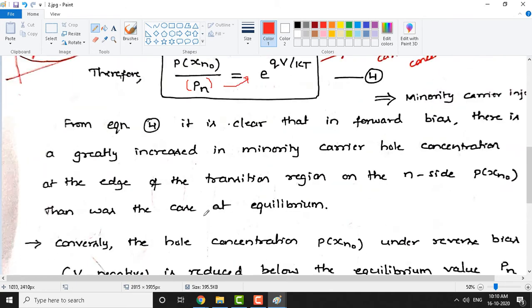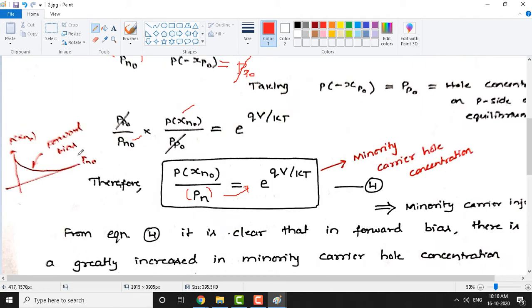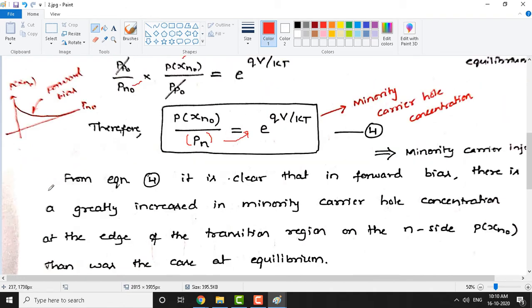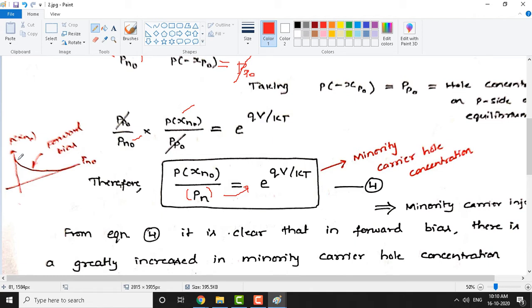Recall the previous graphs that I showed on the n side as well as the p side. I already told you why there is a large density of holes on the n side. Suppose this is the p-n junction. Let me indicate the edge with a different color.